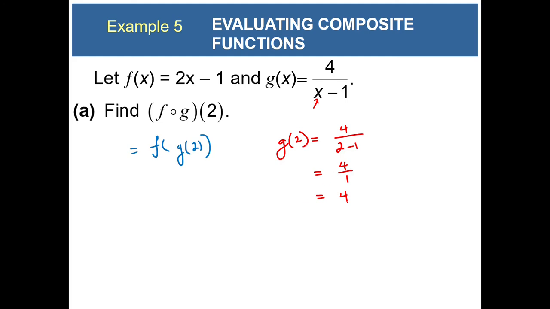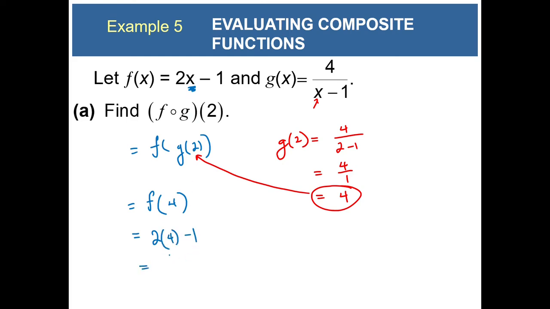So g of 2 is 4, and we can plug that into our equation. f of 4 is equal to, now I'm going to plug in a 4 into f of x, 2 times 4 minus 1, and that is 8 minus 1, or just 7.